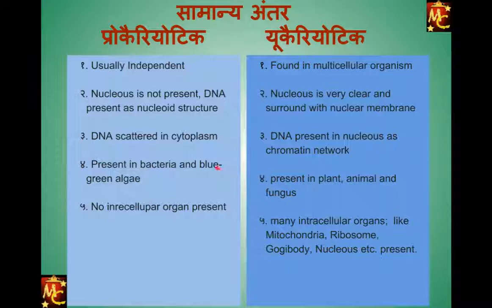And number 5 is no intracellular organelles present. In case of eukaryotic cells, they have many intracellular organelles. I will explain in the next part the details about each intracellular organelle. So eukaryotes have many intracellular organelles and they are all involved in various kinds of activities for cell survival.